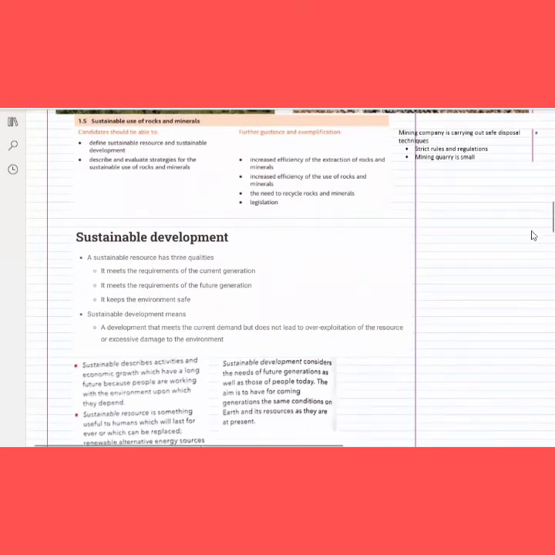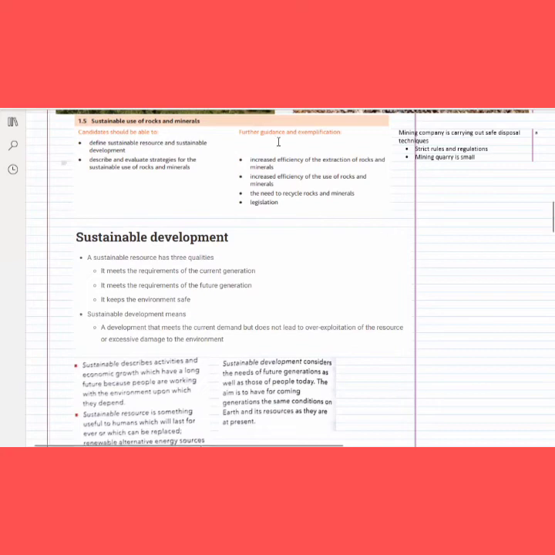Basically, people are working along with the environment. So we have activities, we have economic growth, but the environment is also something that is to be taken care of. Now once you know what sustainable development is, you're going to move towards how you bring sustainable development into this sector of mining, right?